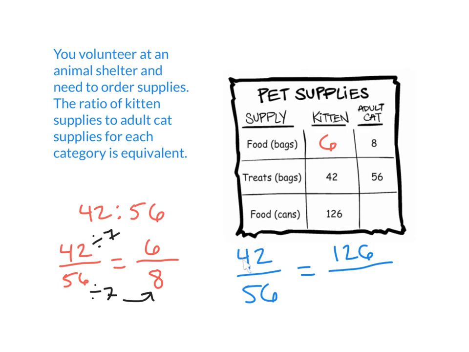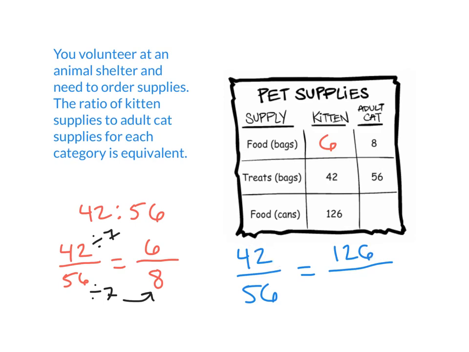So what do I have to do to 42 to get it to 126? If I can't recognize that relationship right away, I can do maybe repeated addition to find out how many times 42 goes into 126. But I can see here that I know 40 times 3 is 120. And I know that 2 times 3 is 6.